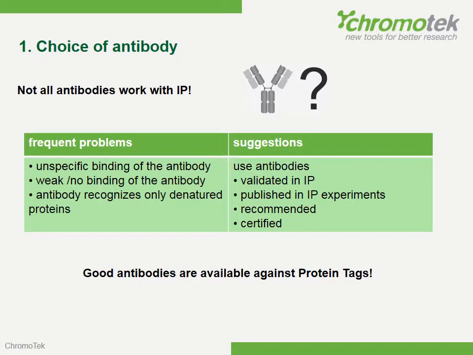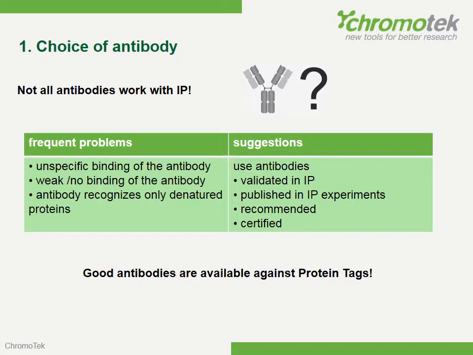Or your antibody does not bind to your antigen or only weakly. Then you won't get any IP. And please remember also that antibodies which work really well in Western blot might not work for immunoprecipitation, because these antibodies only recognize denatured proteins.